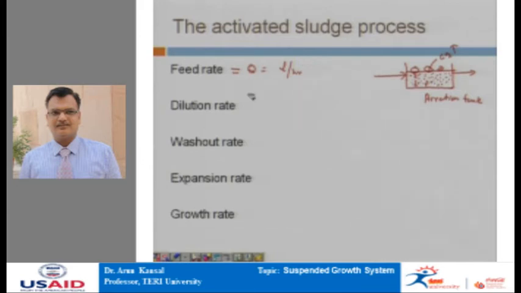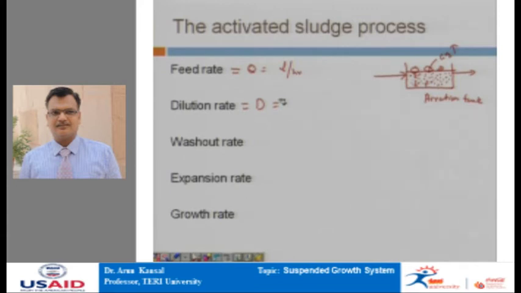Whereas, there is another term called the dilution rate, which I denote by the symbol D. Dilution rate is the rate at which the microbial biomass is getting diluted, or in simple words, the feed rate as a function of the volume of the vessel gives the number of volume exchanges per hour.